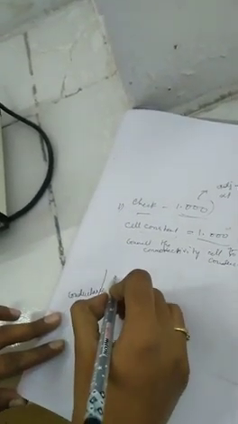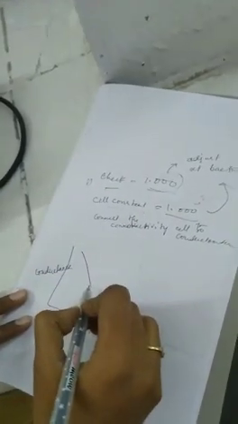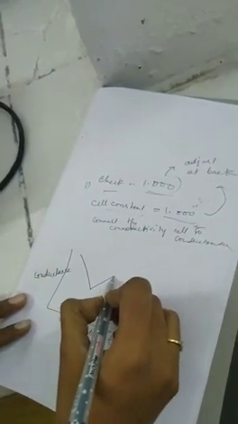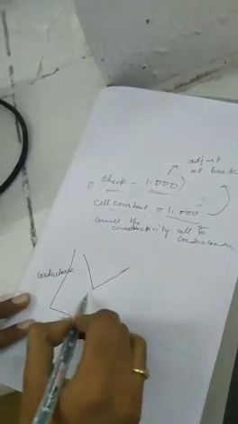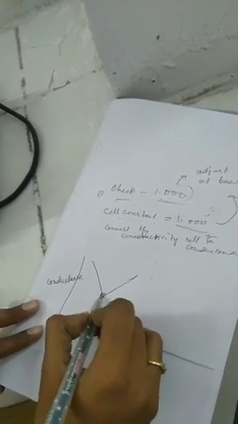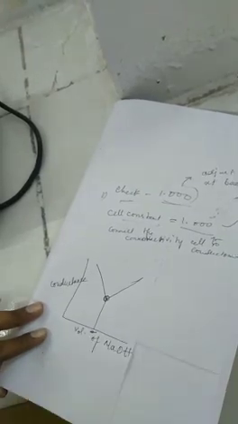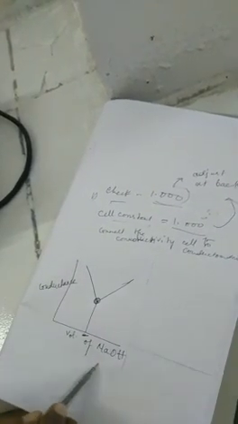Initially the conductance values decrease, and again there is a sudden increase in the conductance values. By the intersection point, a line should be drawn down, which gives the volume of sodium hydroxide.